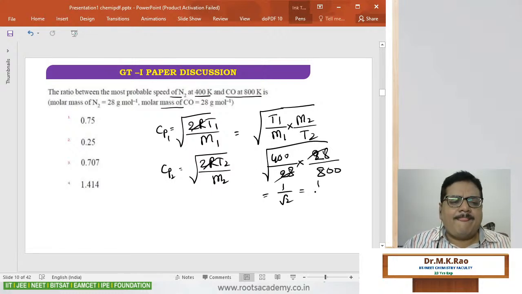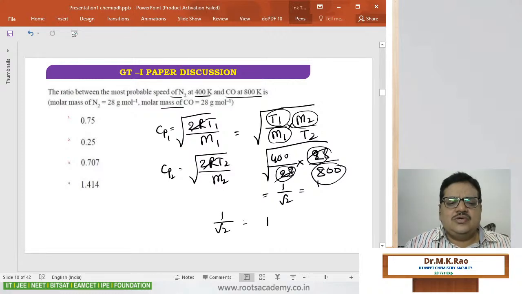See, the ratio between the most probable speed of N2 gas at 400 Kelvin and carbon monoxide at 800 Kelvin, molar mass is 28 for both, so definitely it will cancel. Cp1 by Cp2 is 1 by root 2.